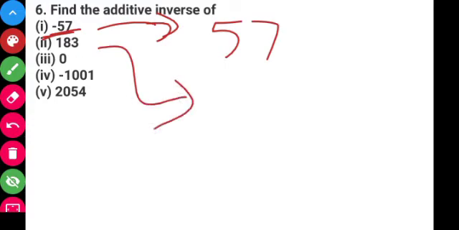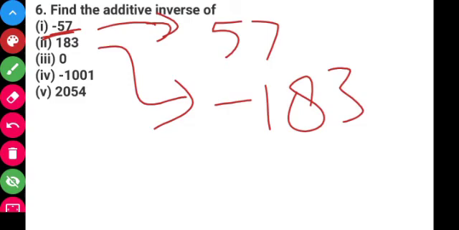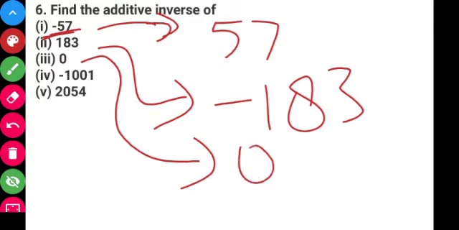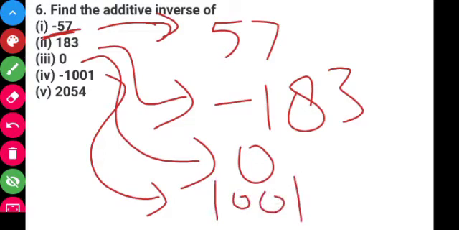Here 183, so minus 183. And here 0. 0 is neither positive nor negative, so it is 0 only. For 1001, you have to write minus 1001. So to write the additive inverse of any integer, you write that same integer with the opposite sign.